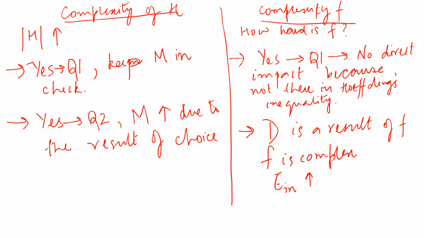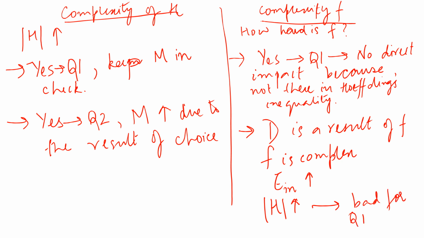Now this is the inverse side of that. I know that my E in is getting worse because f is complex. To get a better fit, I'll have to keep making my hypothesis set bigger. The more the choice, the better position I am in, which means this is bad for question one.